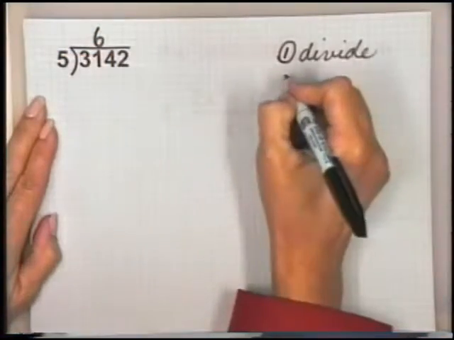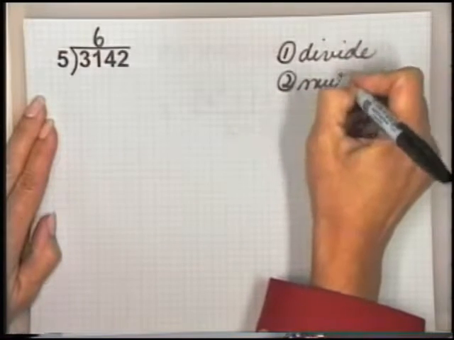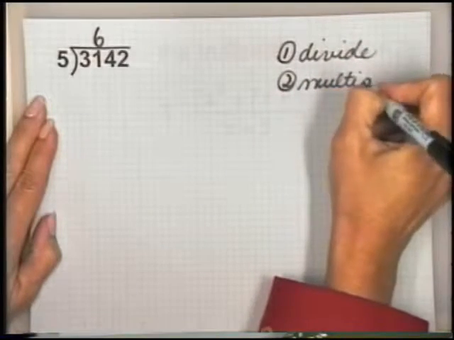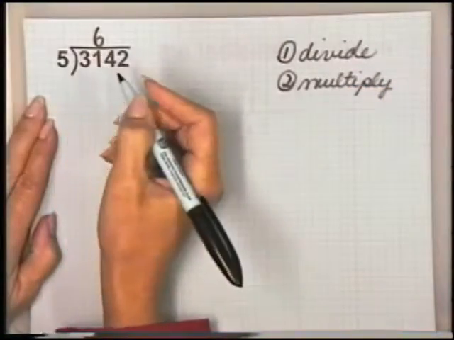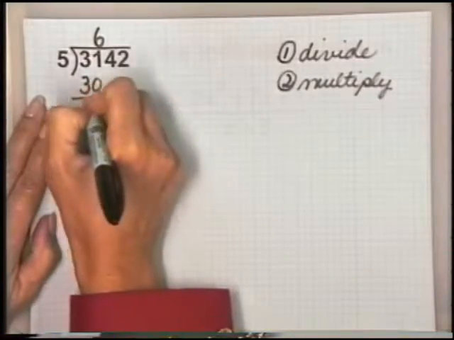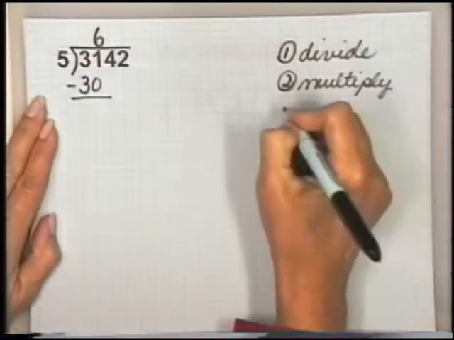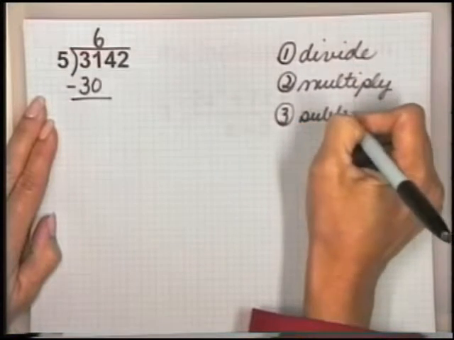I write my 6. My second step is to multiply. I say 6 times 5 is 30. I write my 30 under my 31 because my third step is to subtract.